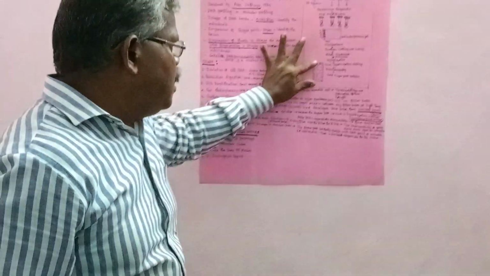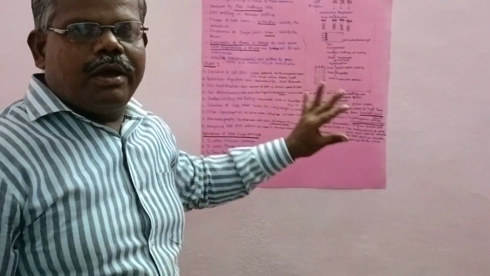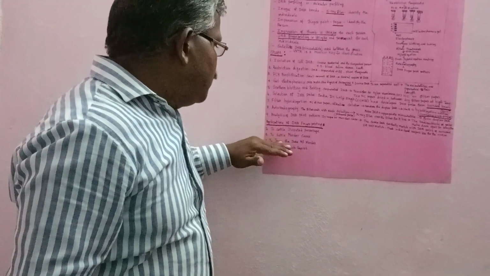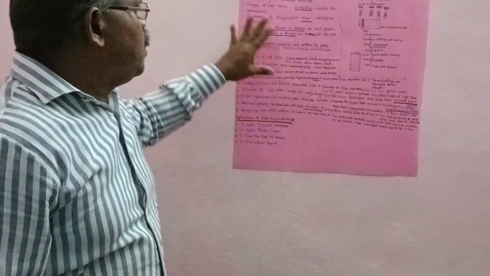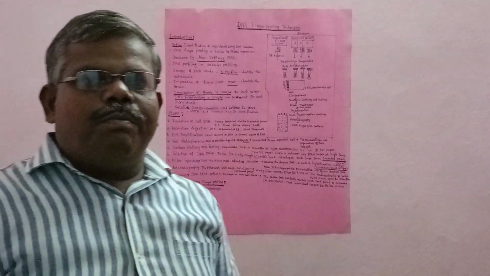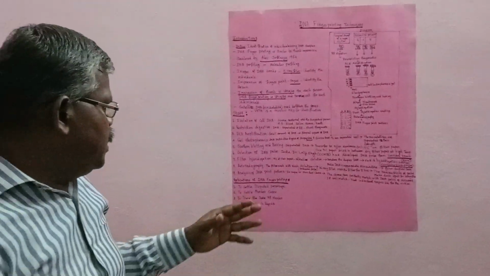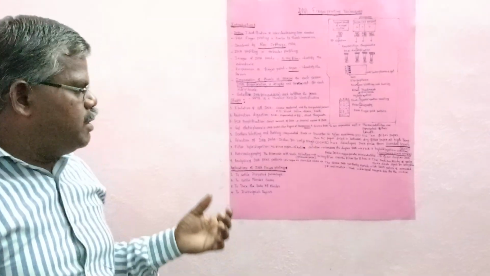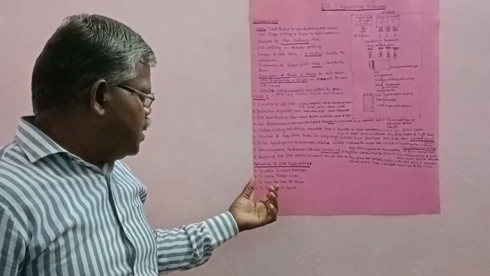So based on the DNA print, the date can be determined. So DNA fingerprinting plays a vital role in disputed parentage, murder and rape cases.